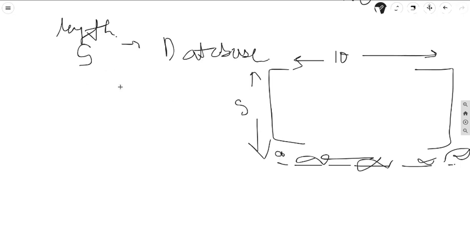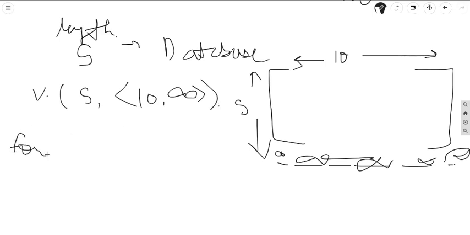So we can assign a vector of length s, each of length 10, with all the values assigned as infinity. Now we go from the last index, s minus 1, down to 0.